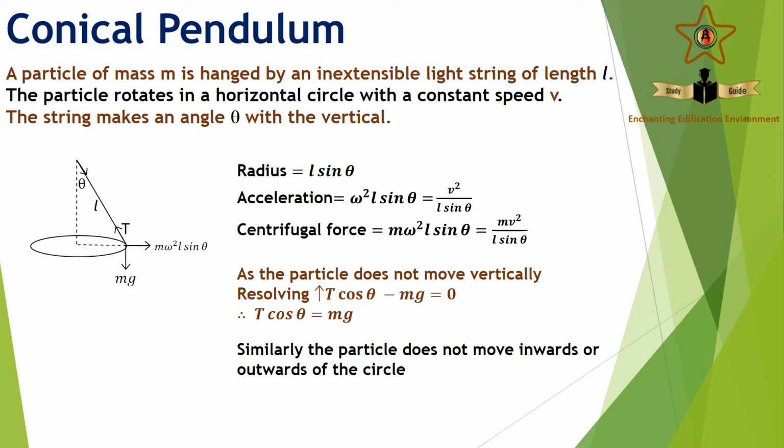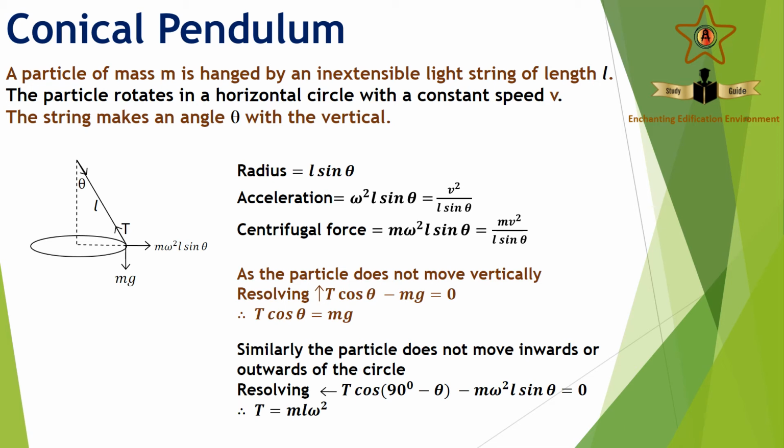So all horizontal forces resolved along the center of the circle should be 0. So we get T cos(90 minus theta) minus m omega squared L sin theta equals 0. Cos(90 minus theta) is sin theta, so we can divide sin theta by sin theta. So we get T equals m L omega squared.